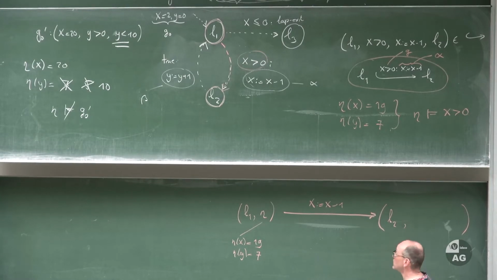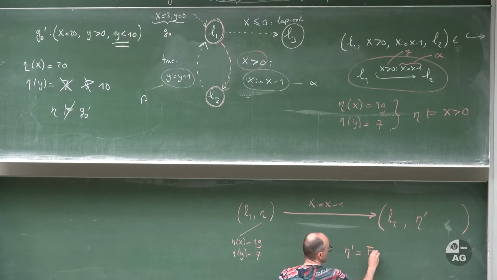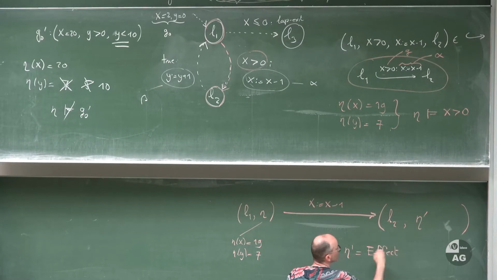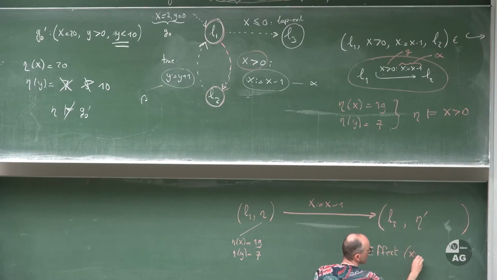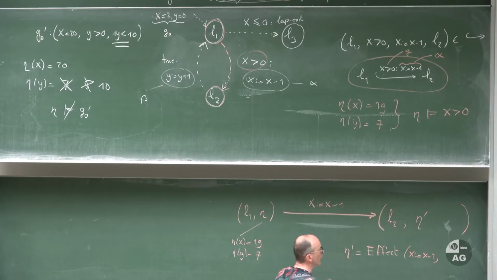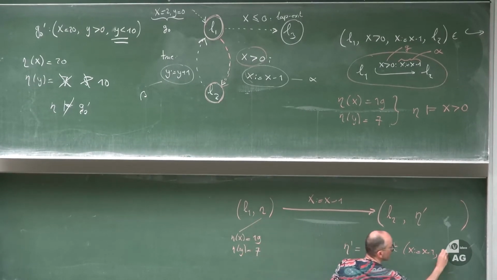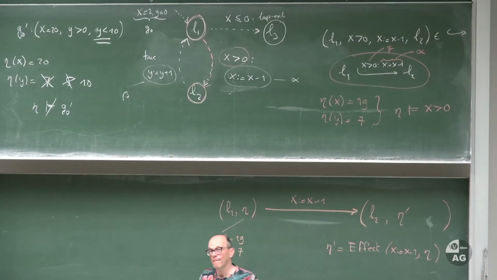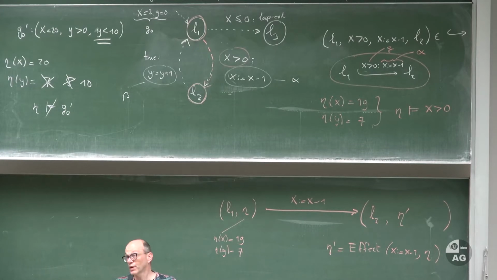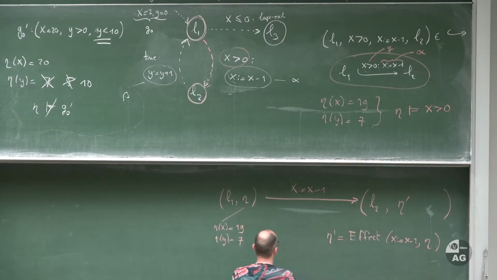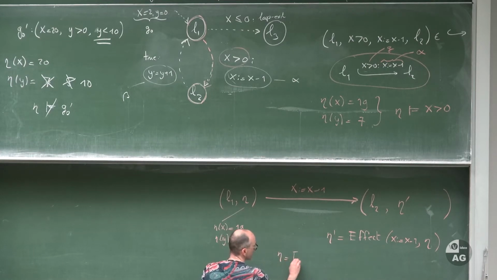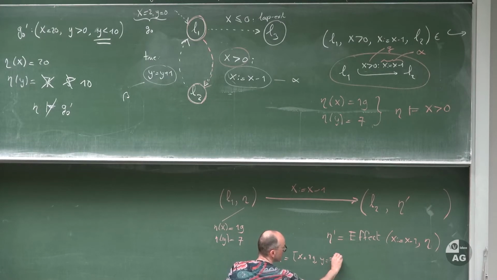So what's the next valuation? This is eta prime. What is eta prime? Well, eta prime is the effect of doing the action, x becomes x minus 1, on this valuation, eta. And this is what we already have seen. We know that eta is the state x equals 19 and y equals 7.